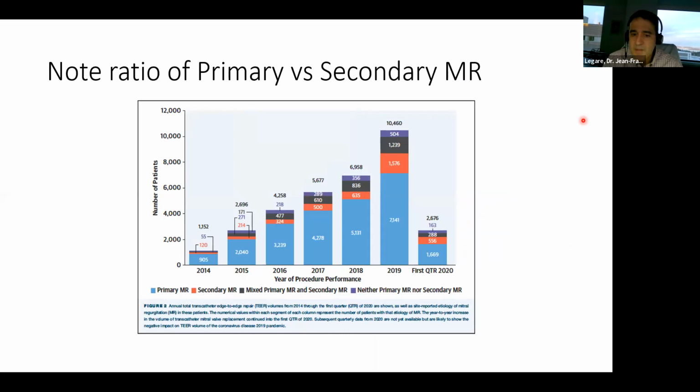But what's important to realize is that that growth is not limited to secondary mitral insufficiency. This slide is to illustrate that the majority of patients who undergo MitraClip are often primary mitral insufficiency patients. And this is in the pale blue. In the red is the secondary, and in the black is the mixed disease, and then undefined in the purple.